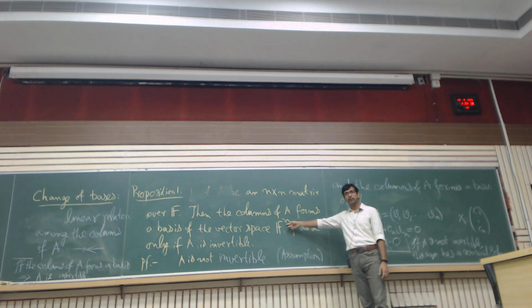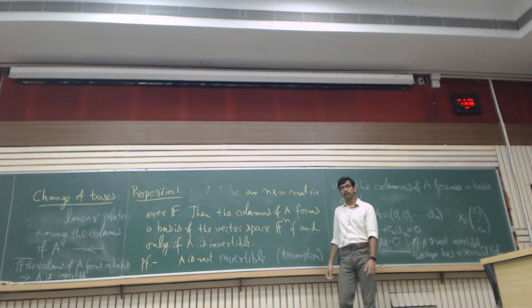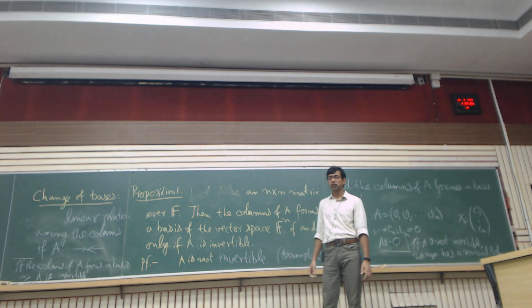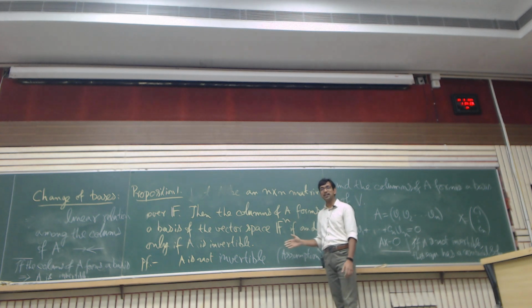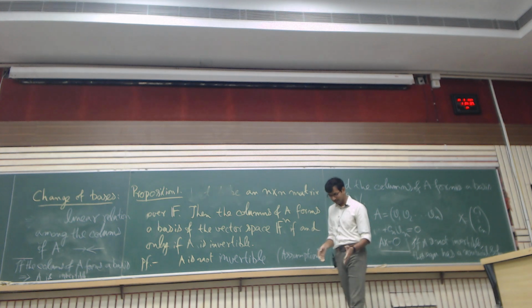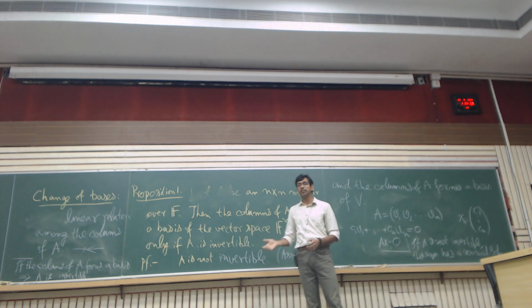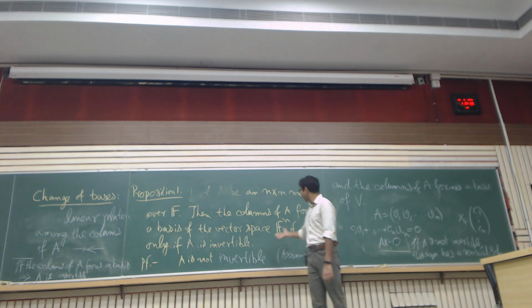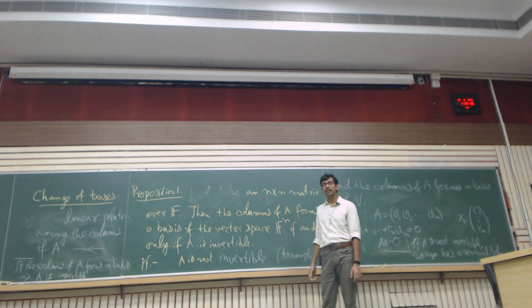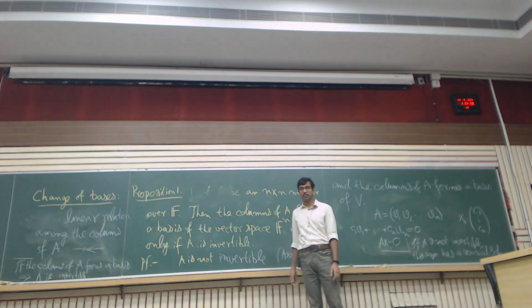But you need to show that the cardinality of that set is n. No, I didn't assume it. This is an n by n matrix with n columns, and we already argued that the dimension of this space is n because the columns of the identity matrix form a basis of it. So you know the cardinality of one basis of this, so I can claim without proving that it spans the entire thing.